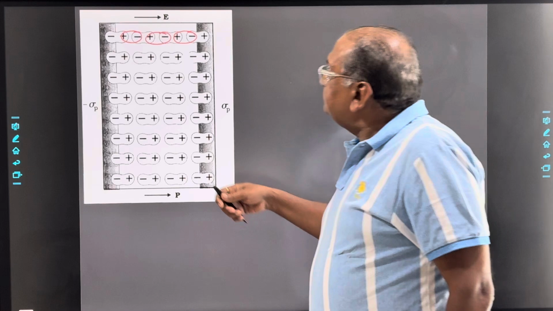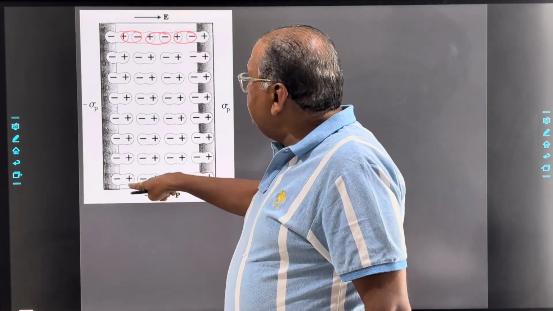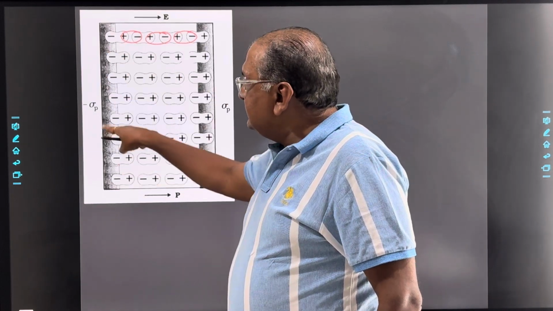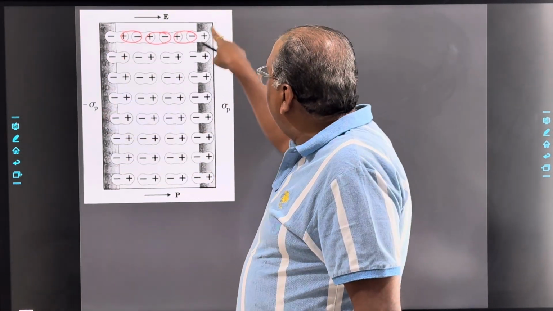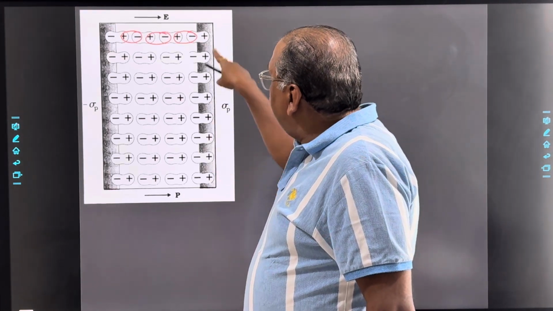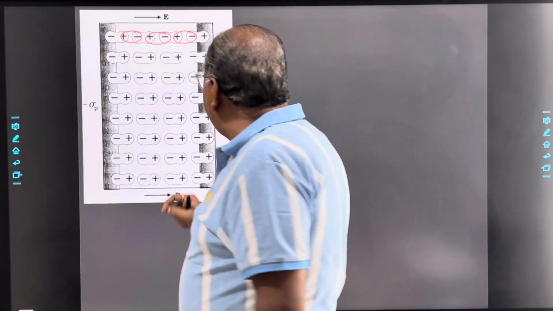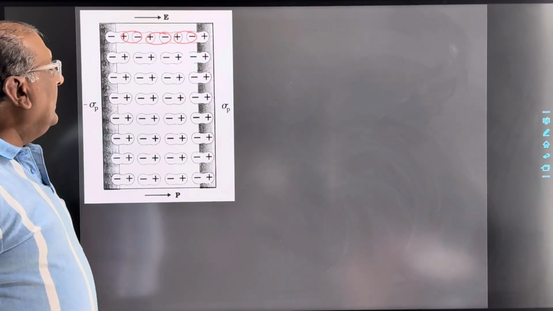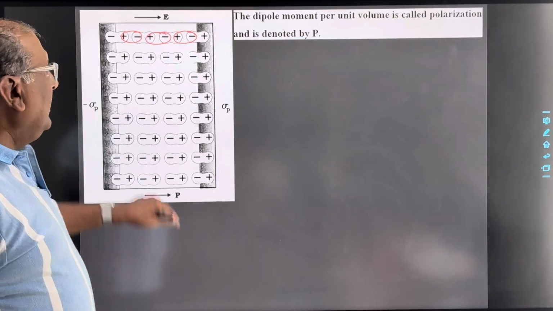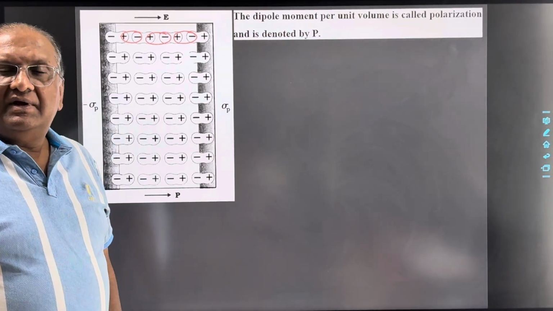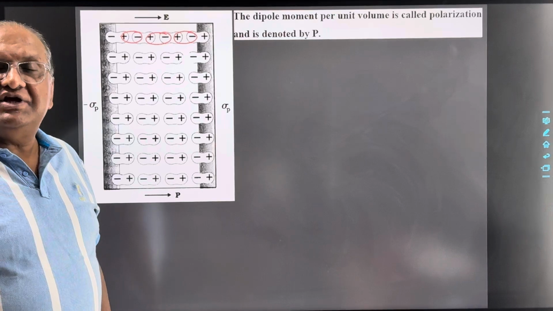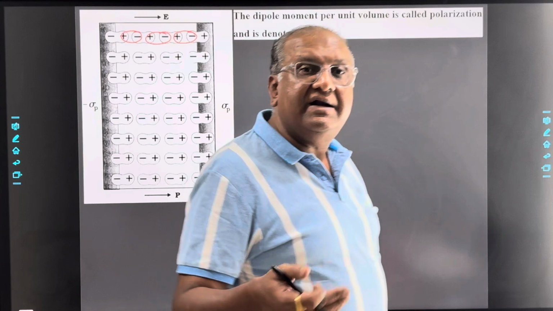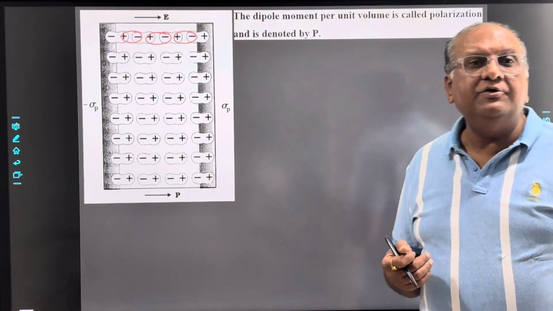So when the substance is polarized, here on this side the negative surface charge density due to polarization will be developed, and on the other side the positive surface charge density will be developed due to polarization. Clear?